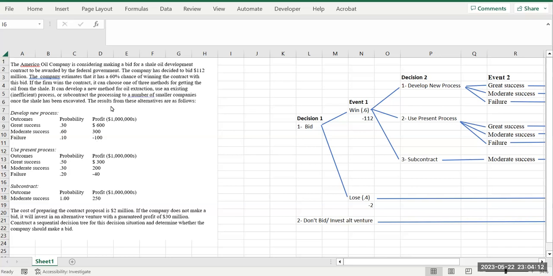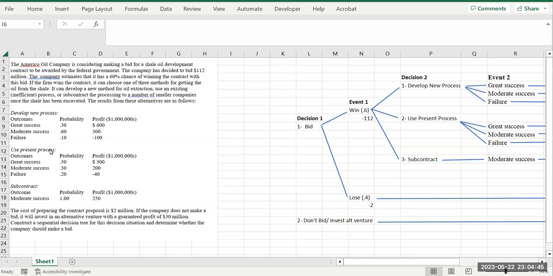There's a 60% chance that the company wins the contract, wins the bid. If the company wins the contract, there are three methods the company can choose for getting the oil out of the shale: developing a new process, using the current process, or subcontracting, giving it to somebody else, outsourcing it.